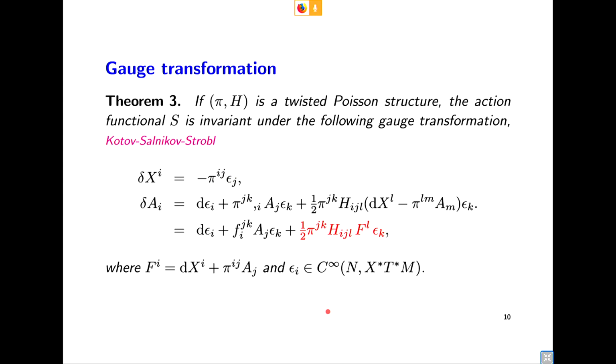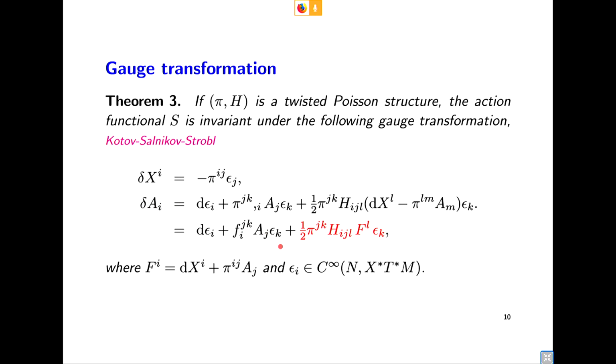We want to go to the BV formalism, but anyway, from the first class constraint we can construct the gauge transformation in the Lagrangian formalism. This gauge transformation is here. The important thing is the gauge transformation of AI.